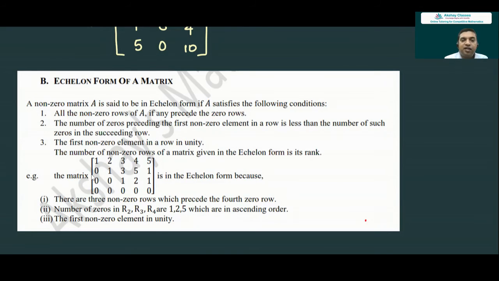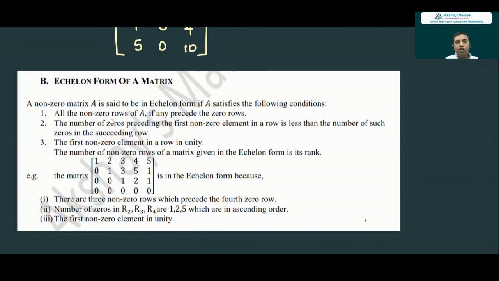In the second row, the number of zeros before the first non-zero element is 1. The number of zeros before the first non-zero element in the third row is 2. Echelon form can also be in other forms, but these conditions have to be satisfied.